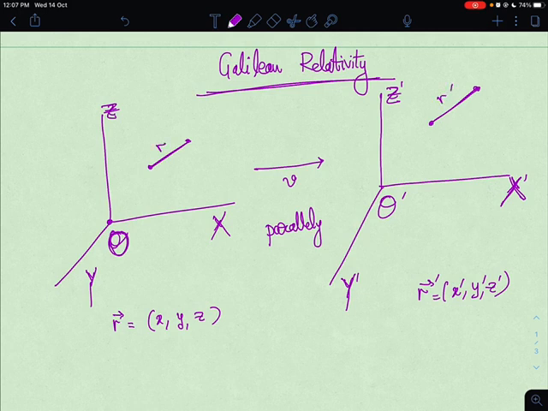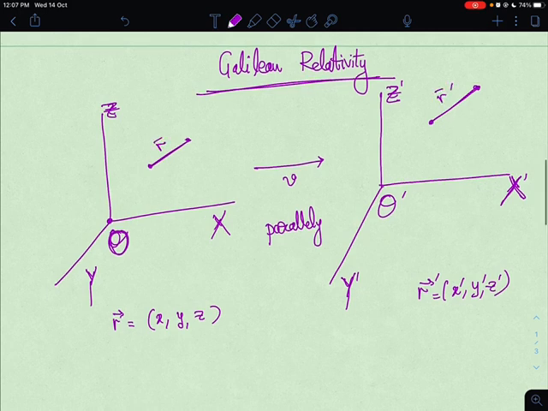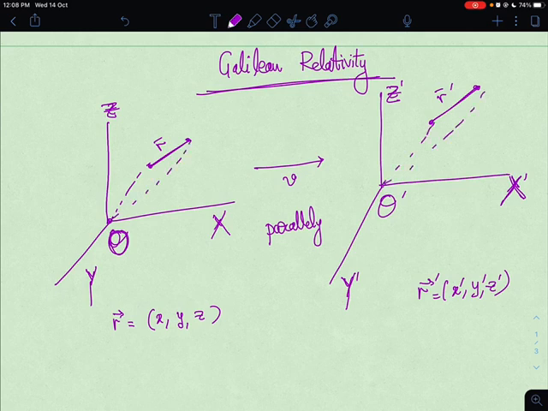In principle, this is essentially the distance between these two points. This is one point, this is another point, and r prime is this one.